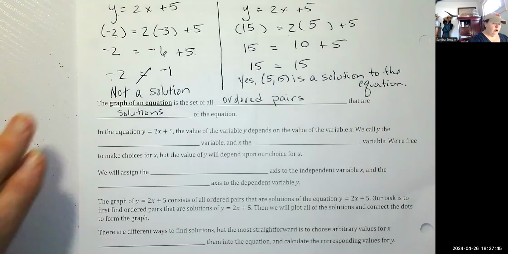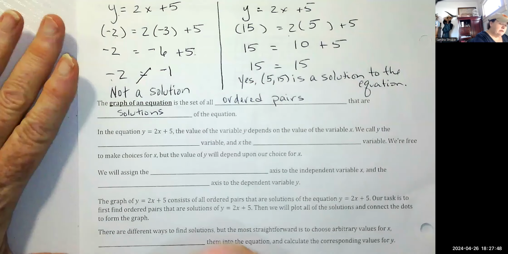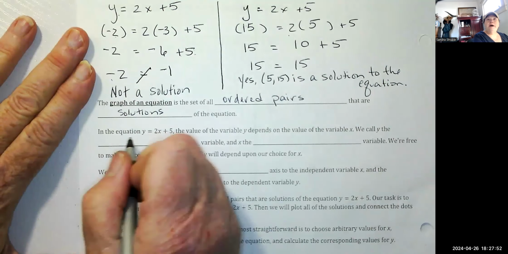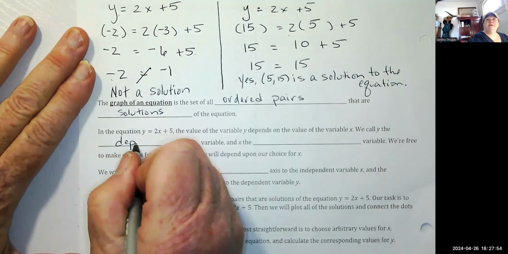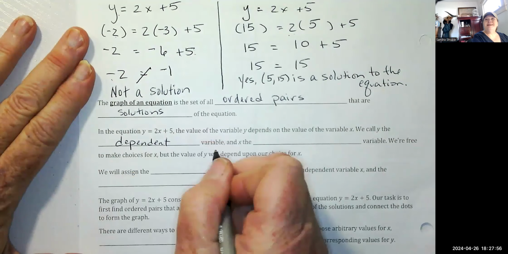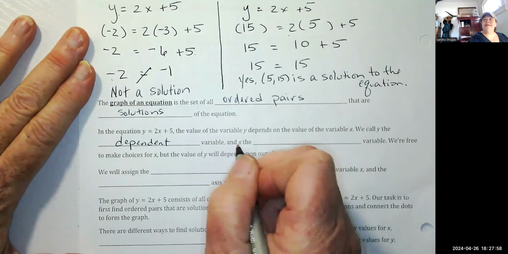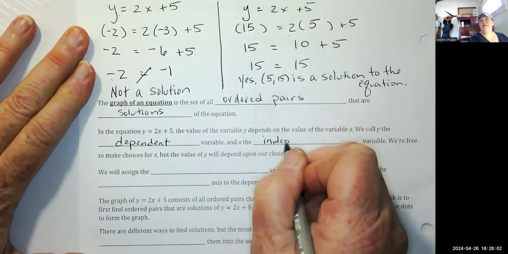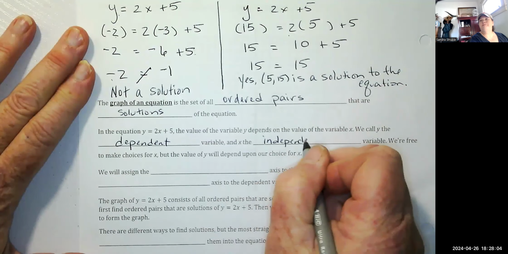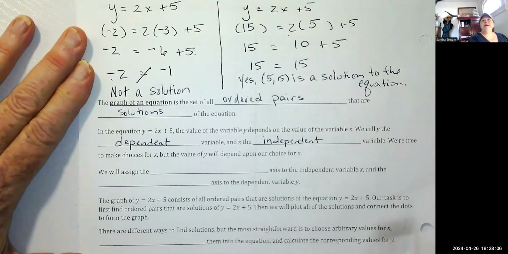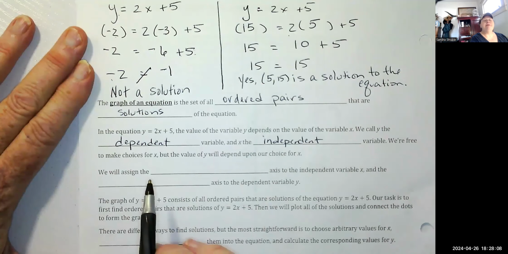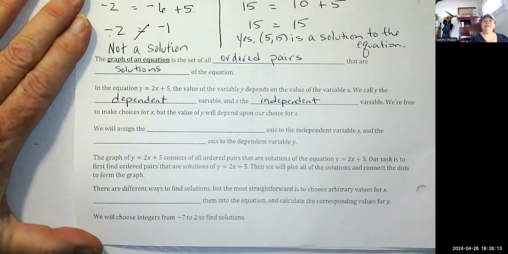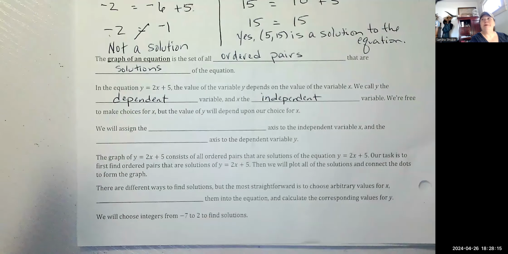And that's why we call the y the dependent variable and x the independent variable. So y is the dependent variable because it depends on what x is, and x is the independent one. We're free to make choices for x, but the value for y is completely dependent upon what the choice is for x.